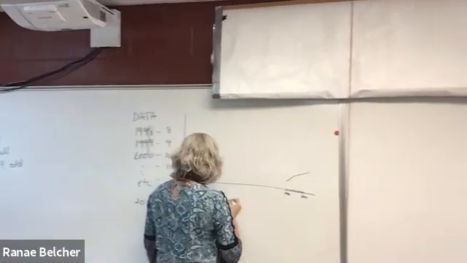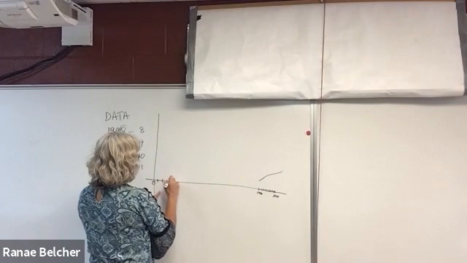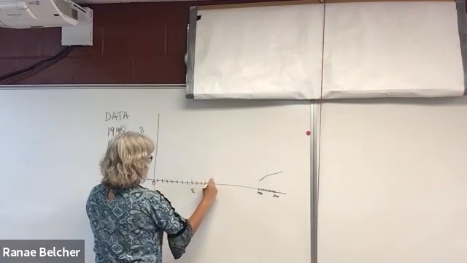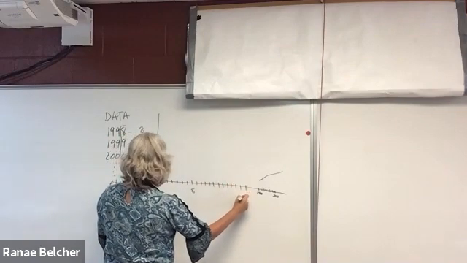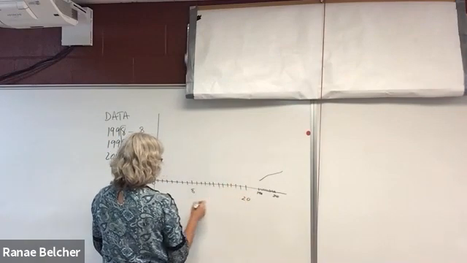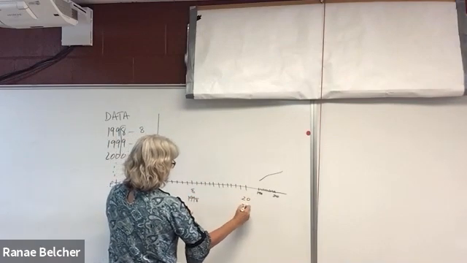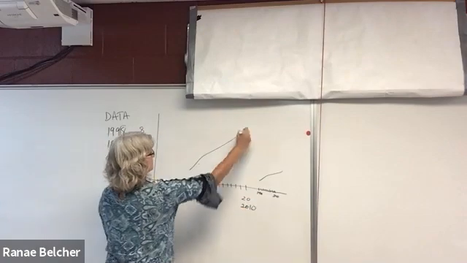Then you would have 1, 2, 3, up to 20. So this is 1998, and this is 2010. And so you're going to be using this part of your graph.